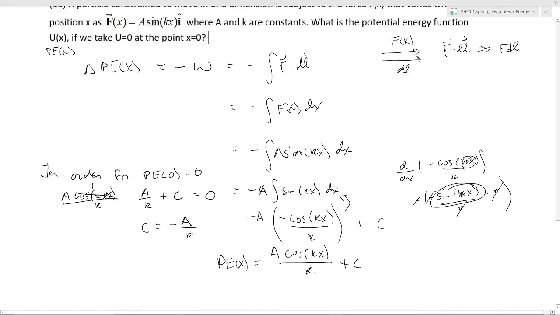So this boundary condition lets us straighten out what the constant is, pin down what the constant is. And so when we apply that, the complete and correct expression for the potential energy is going to be a cosine kx over k minus a over k.